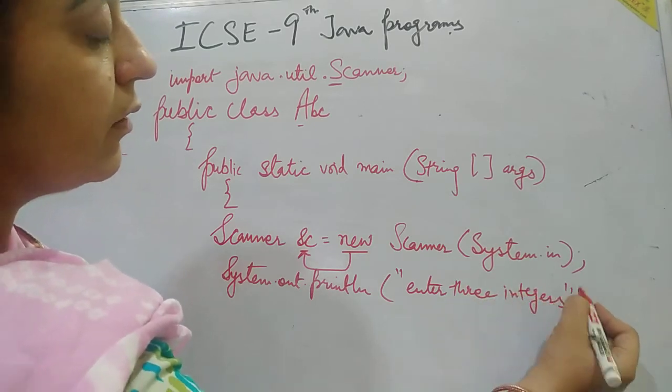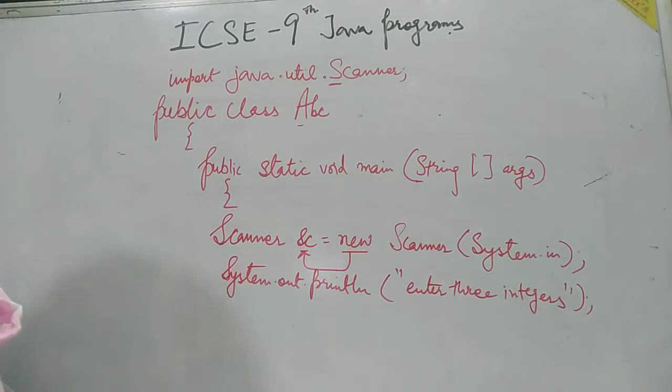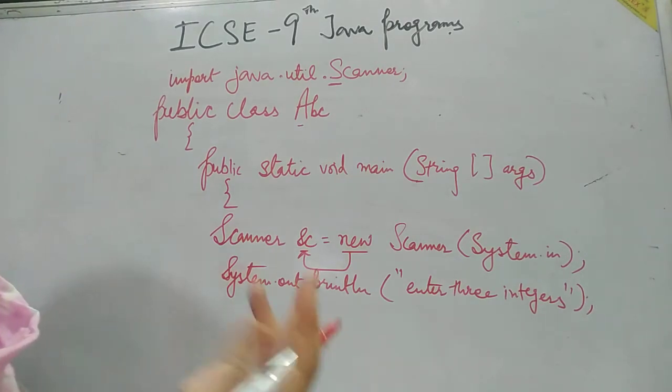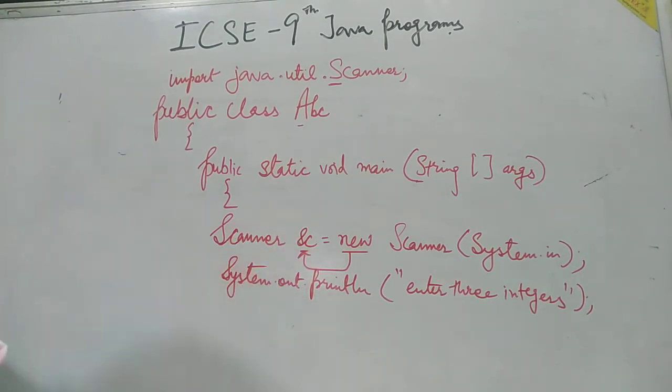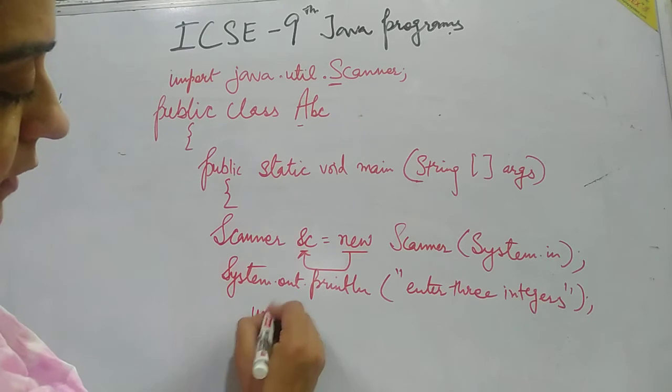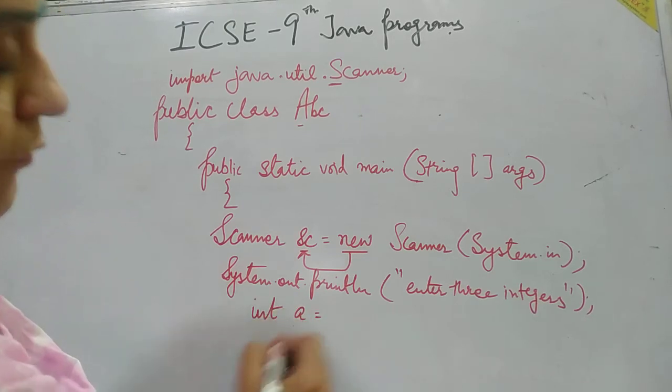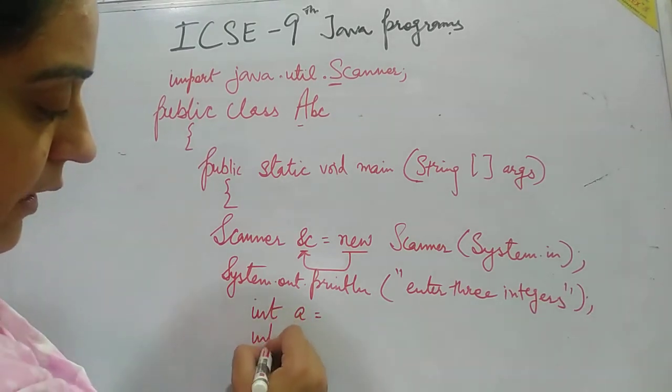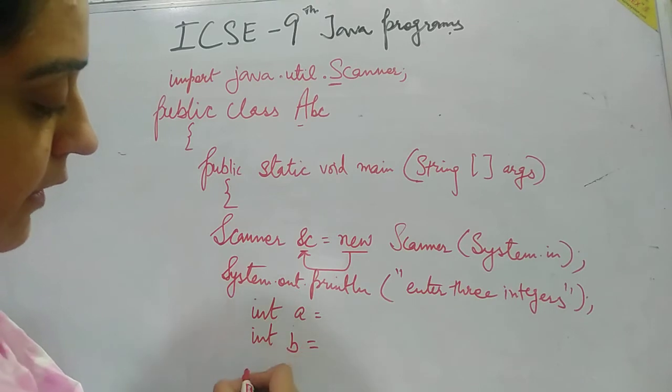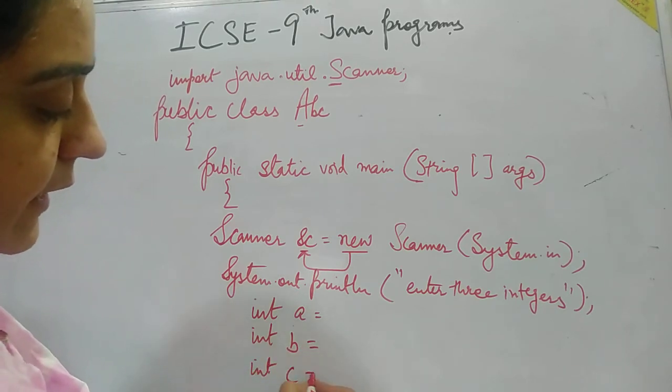Any display statement you can write here, and you will take three variables. Variables means any names which are given to store some value, to store data. So we will take int a first variable, similarly int b here, similarly int c.